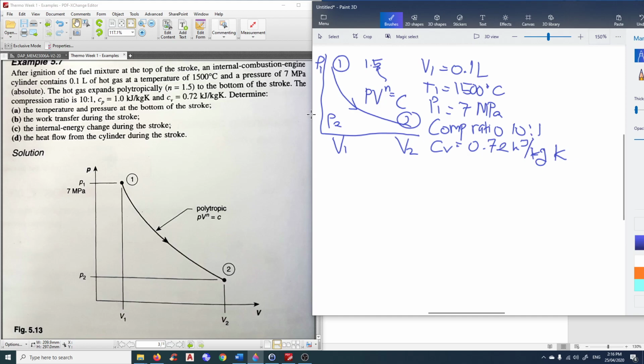Oops, Cp is also given. So Cp is 1 kilojoule per kilogram Kelvin. We have to find the temperature and pressure here. So question A is asking for temperature 2 and pressure at 2.